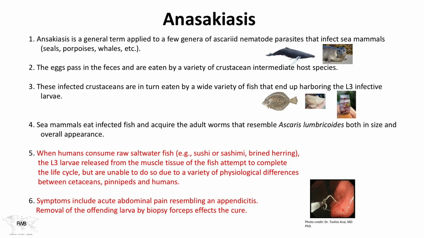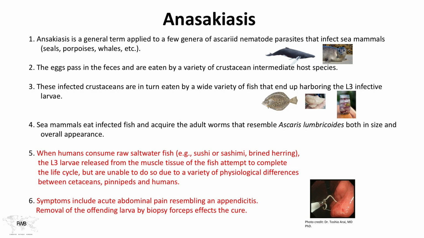And those life cycles occur by the adult worms living in the gut tract of those definitive hosts. The eggs are passed into the ocean. They're ingested by a wide variety of small intermediate hosts. And those little intermediate hosts are then filtered out and eaten by a wide variety of predator species.